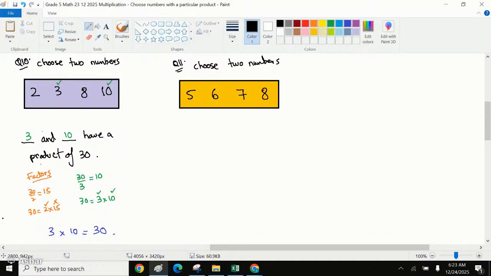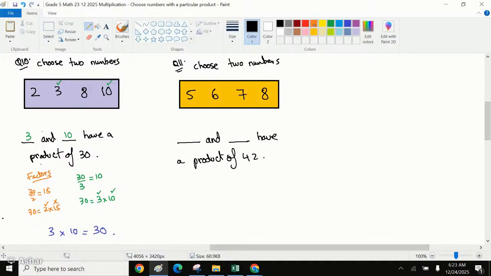Okay. So what we need to do is we need to find the two numbers, the first number and the second number, that have a product of 42.